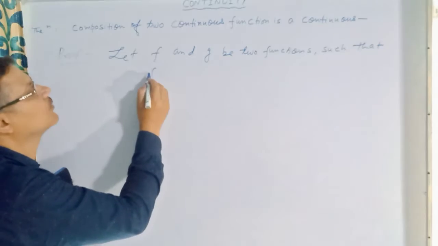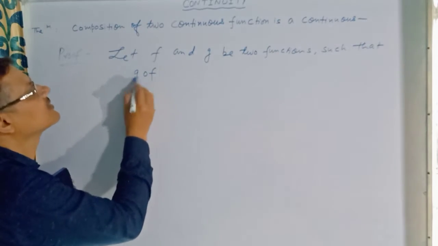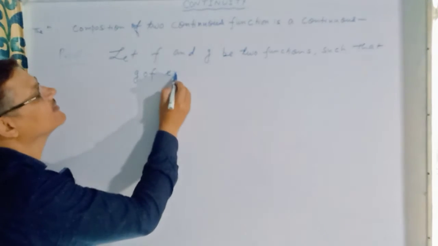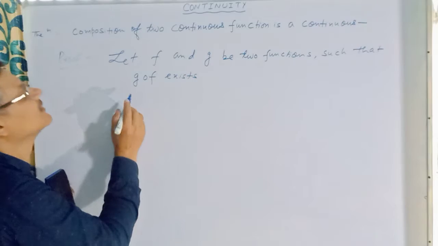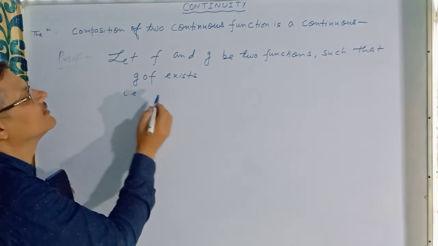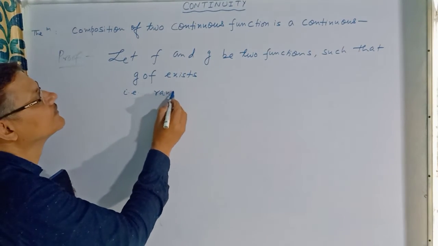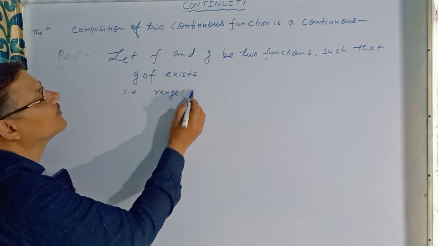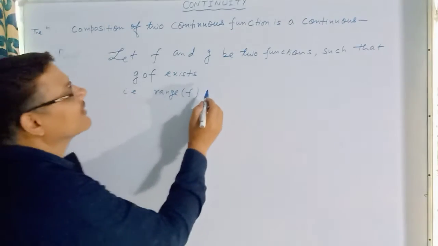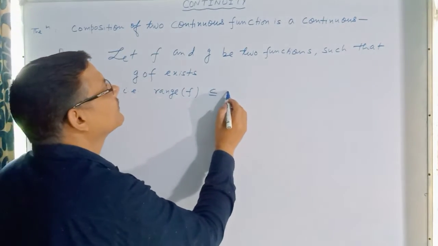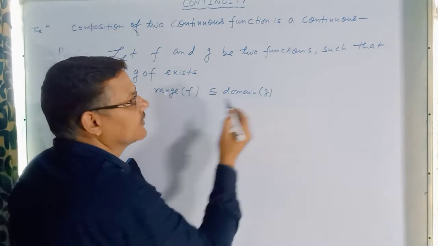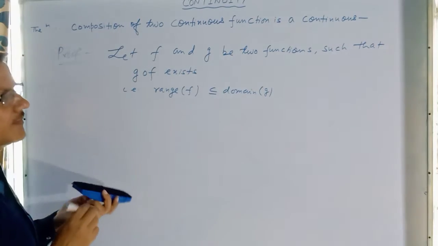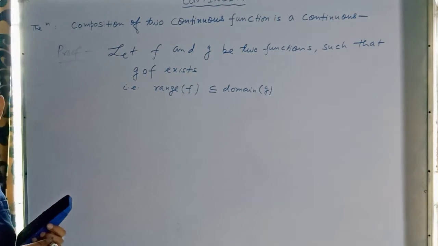It is not required to prove both. Such that g o f exists. What does it mean? It means that the range of the function f is a subset of the domain of the function g. This is required for it to be defined. Okay, so this is the position.